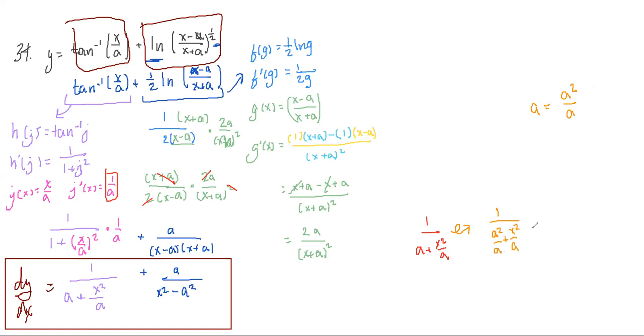And if things have the same denominator, I can add them. So this is 1 over a squared plus x squared over a. And now I can say that this is equal to a over a squared plus x squared. So I can do that.